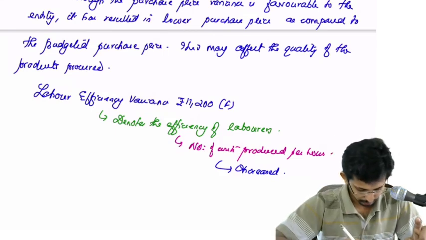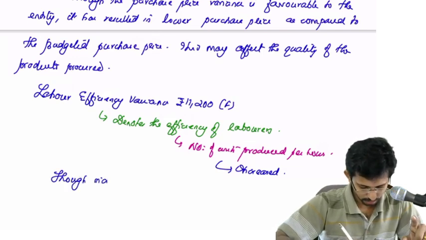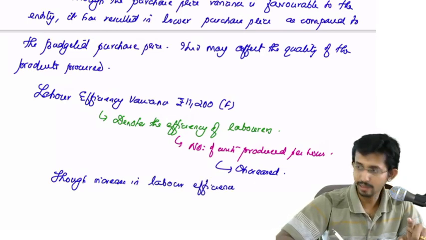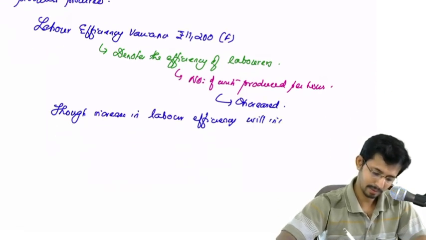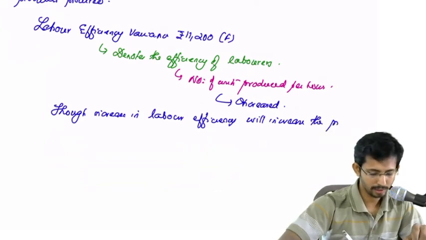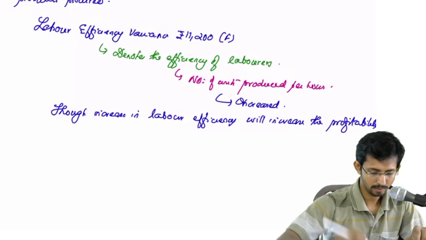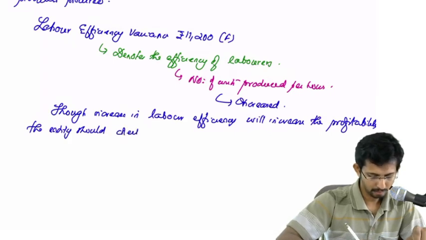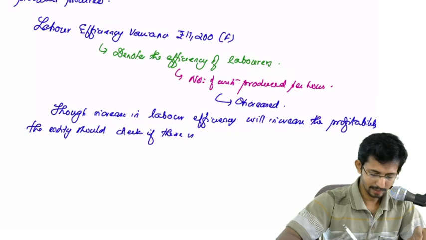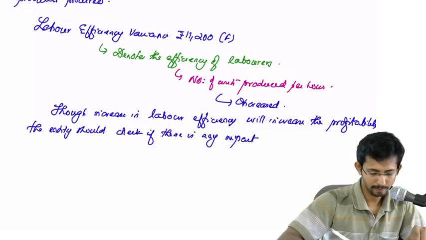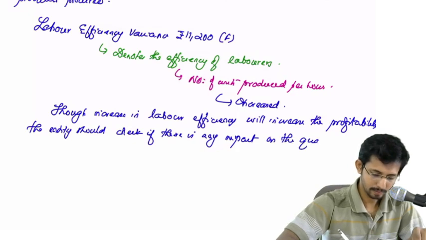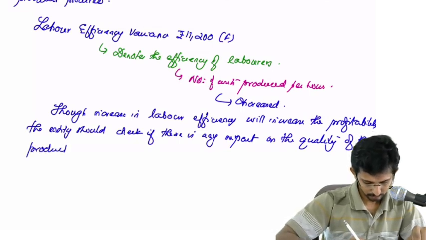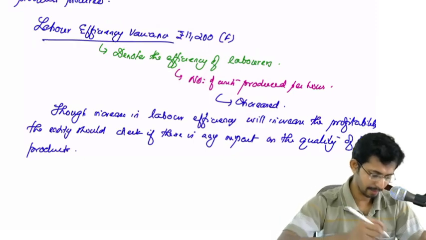Okay, so though increase in labor efficiency will increase the profitability, the entity should check if there is any impact on the quality of the products. Okay, that is for labor efficiency variance.